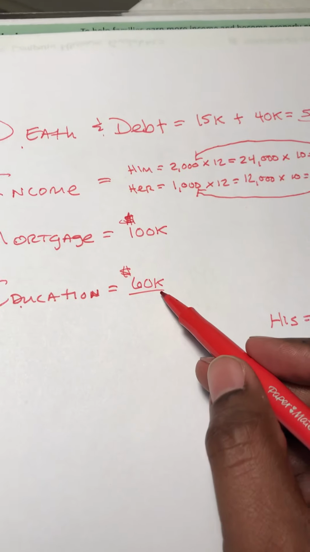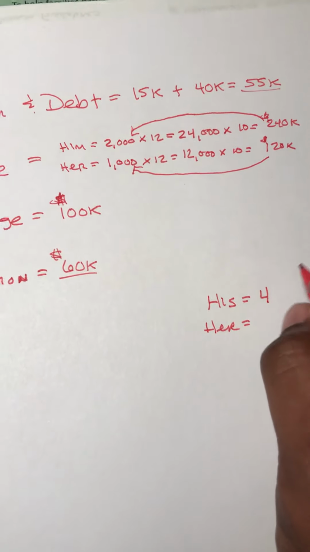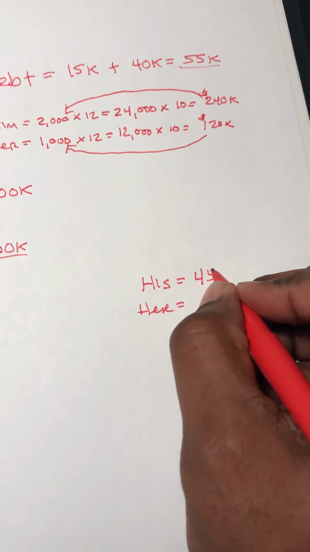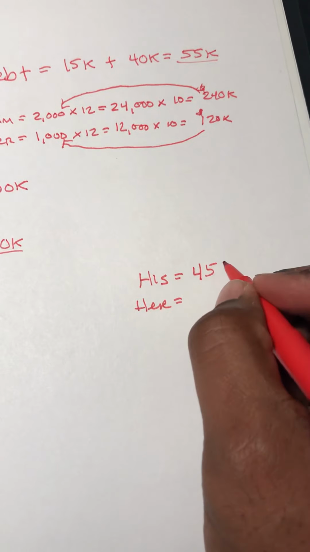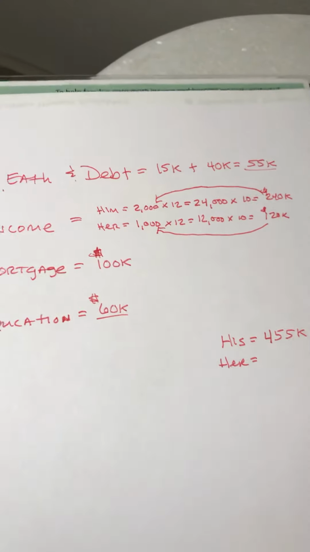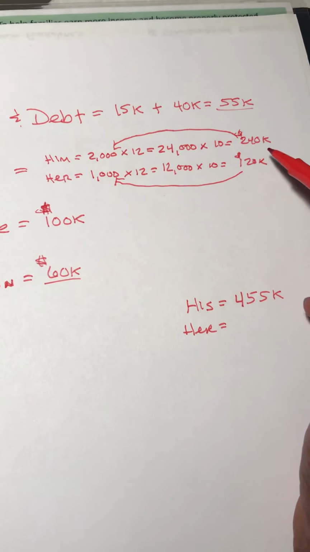Okay, and then plus the 60,000 makes it 455,000.